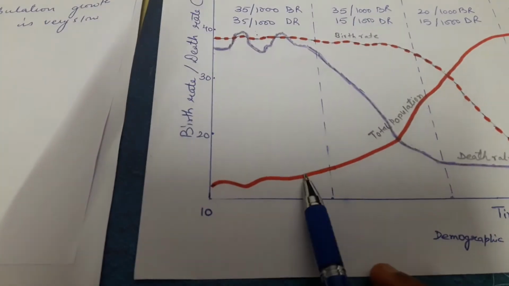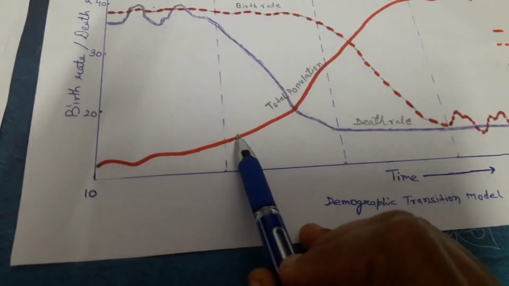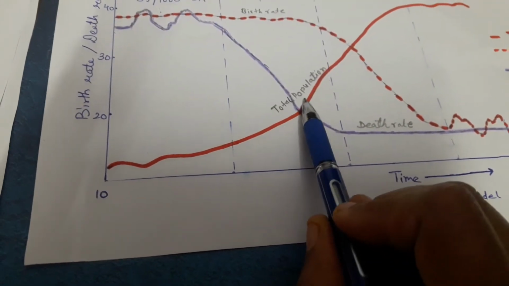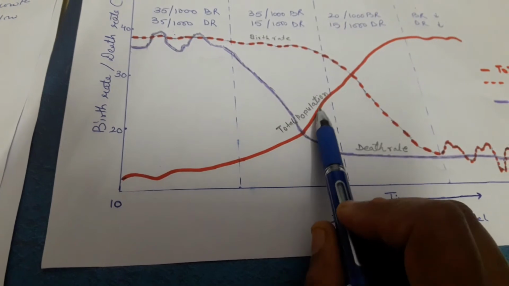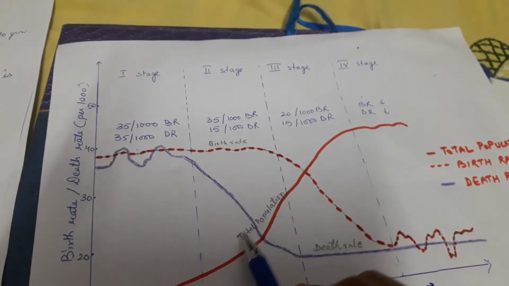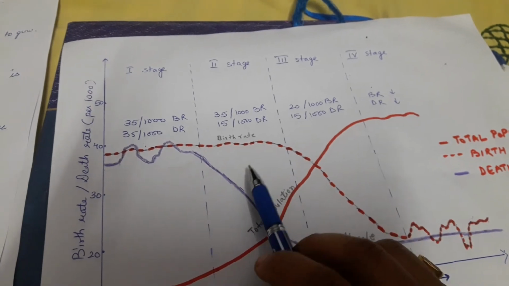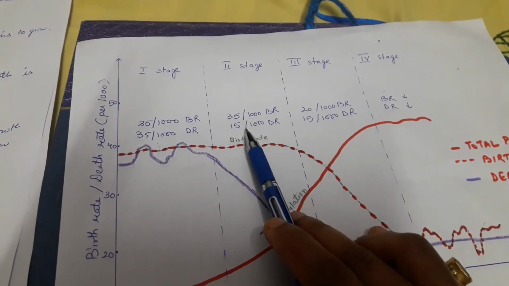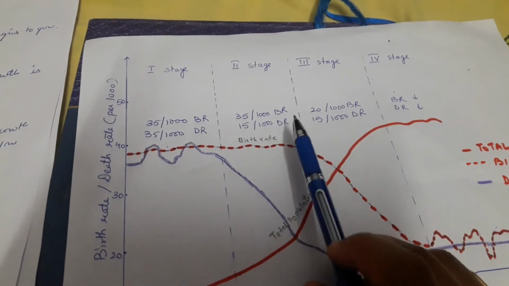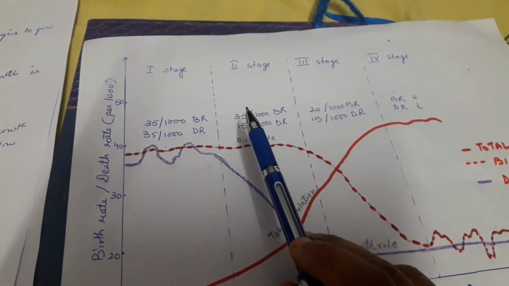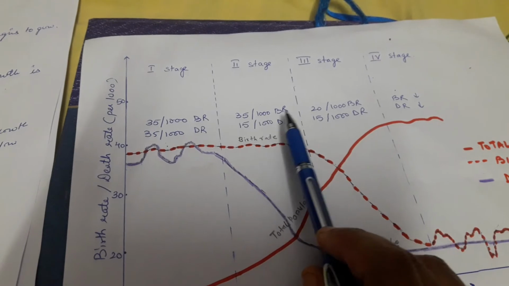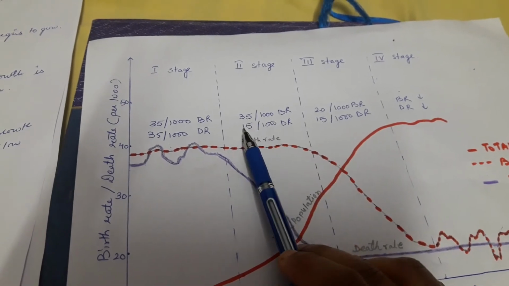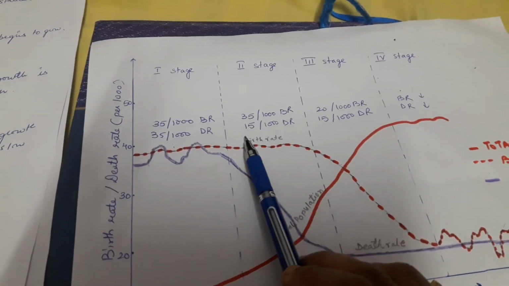Now in the second stage we can see that the red line is slightly moving ahead and showing growth. Why is it showing population growth? Because the birth rate remains the same, 35 births per 1000 persons.